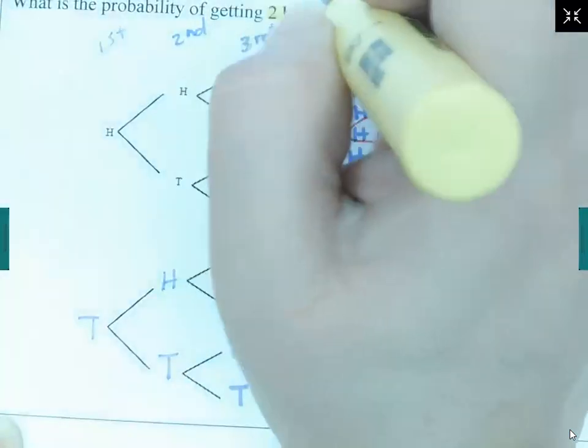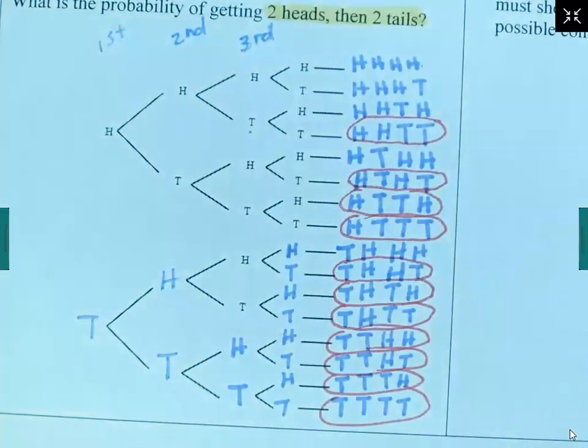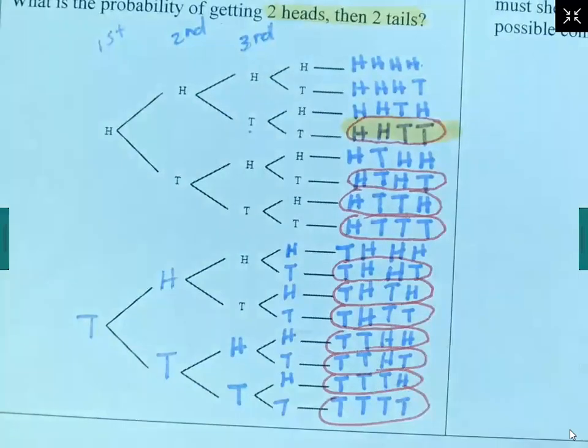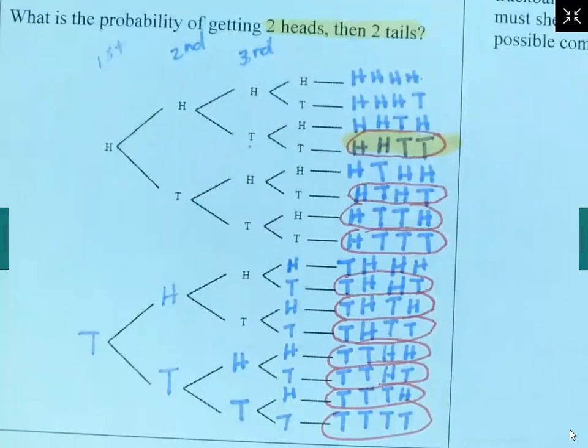Then the next question says 2 heads, then 2 tails. So it has to be HHTT. How many HHTT did we get? 1. HHTT has to be exactly like that.